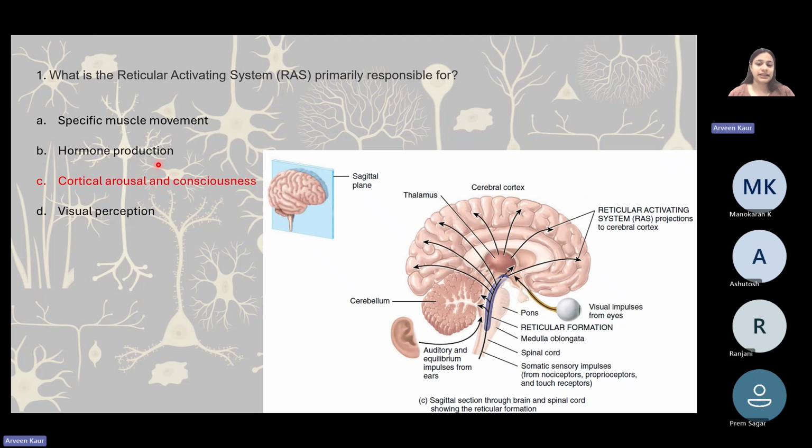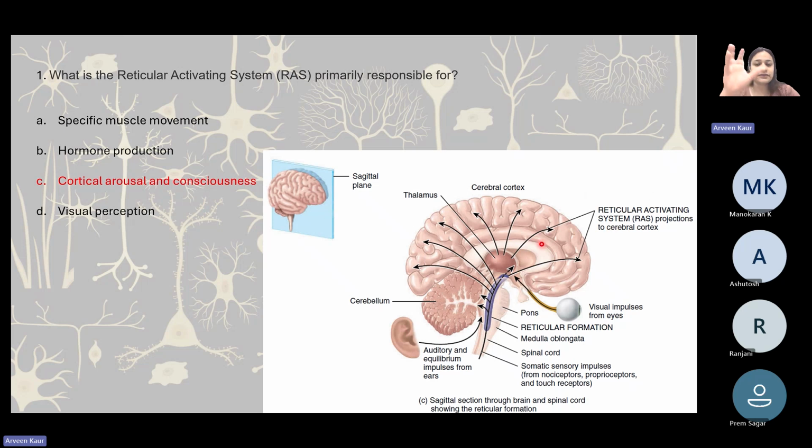So we'll discuss a little bit about the reticular activating system. This has been taken from the previous discussion in the extra session, wherein I had discussed particular brain areas and their functions. I'll just recap that here because it is of importance, right?